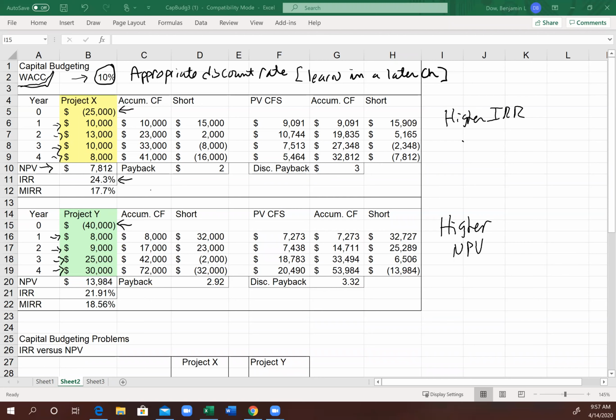Now, some of the other things that we'll notice: let's look at the payback period. It's not $2, by the way.